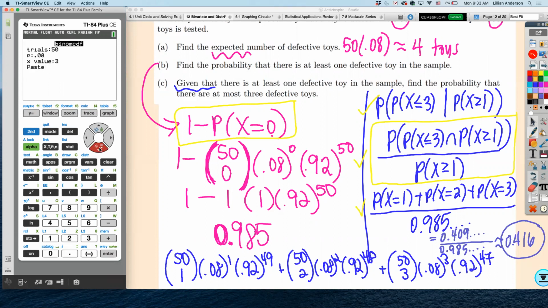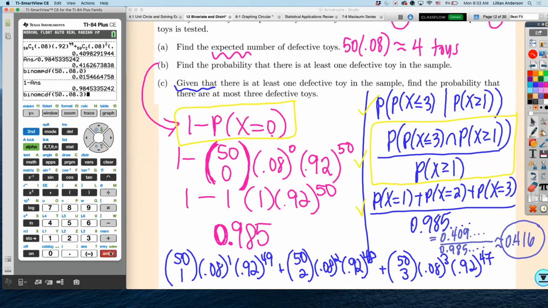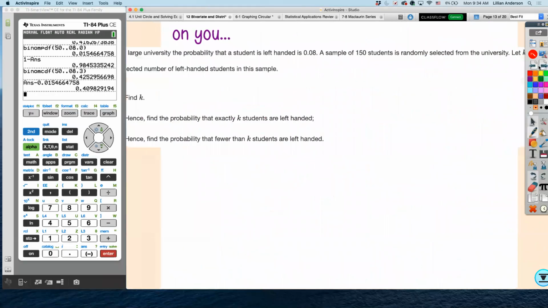So this is giving me 0, 1, 2, and 3. I already know the probability of it being 0 was back up here. So if I take that answer and subtract the probability of getting exactly 0, that's exactly what my numerator was. So binomial CDF are for your intervals, if anything. So try this one on your own.